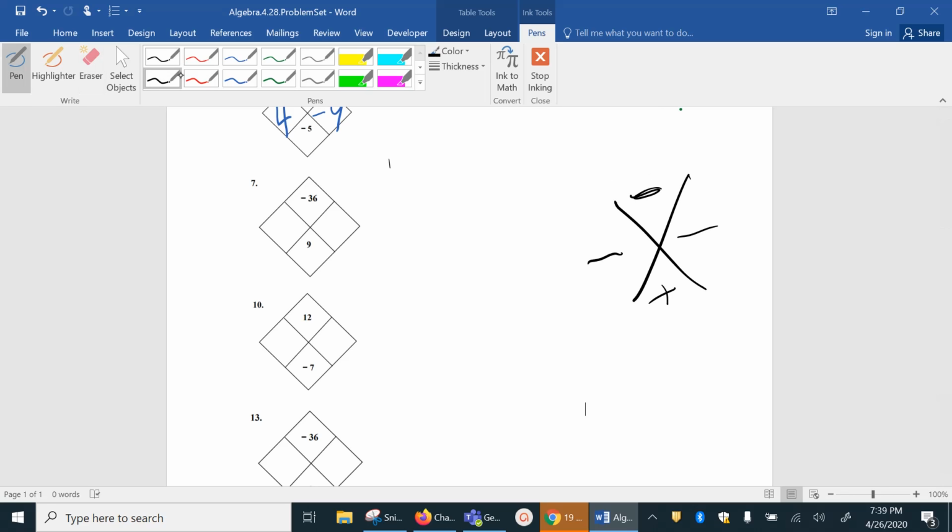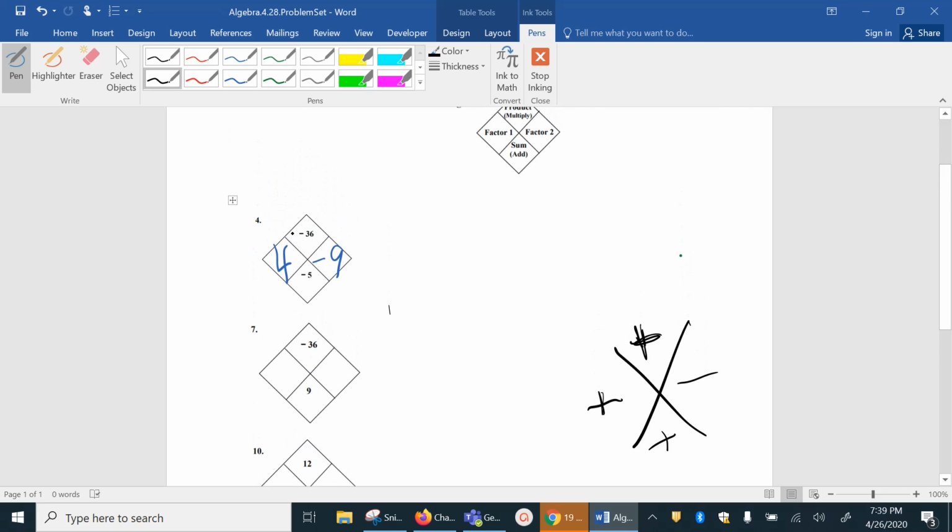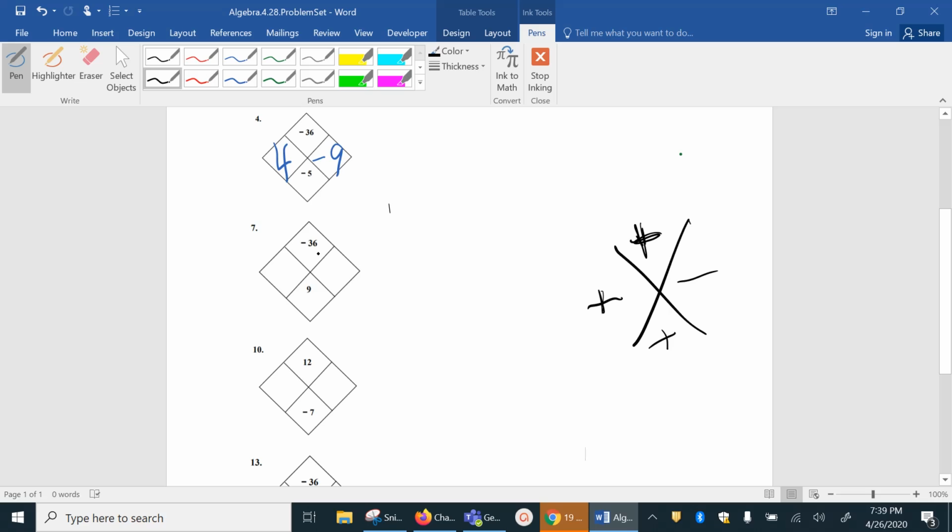I think I might have even confused myself there, so let me be very clear about this. When our product is negative, we're going to have a positive and negative situation. Same thing with up here. We're going to be on the lookout.